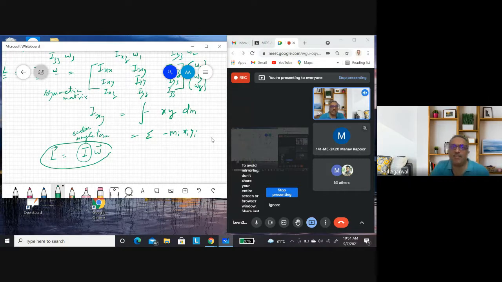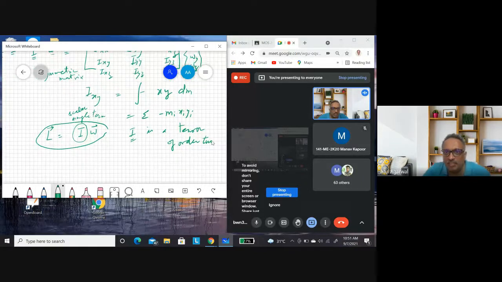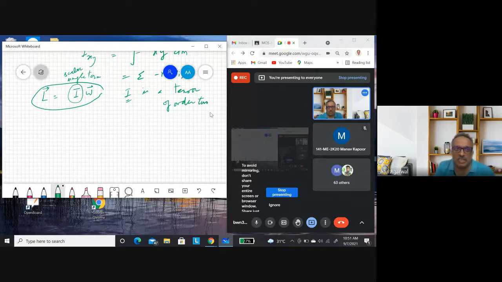While here I have taken this as a tensor of order 2. Then I had told you that we can find principal moments, principal axes. So principal axes are found by solving the eigenvalue problem.